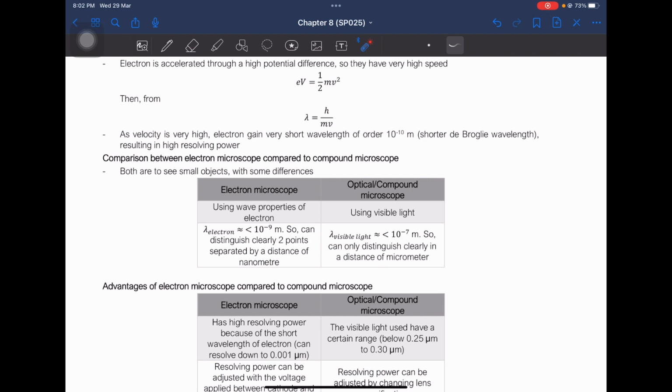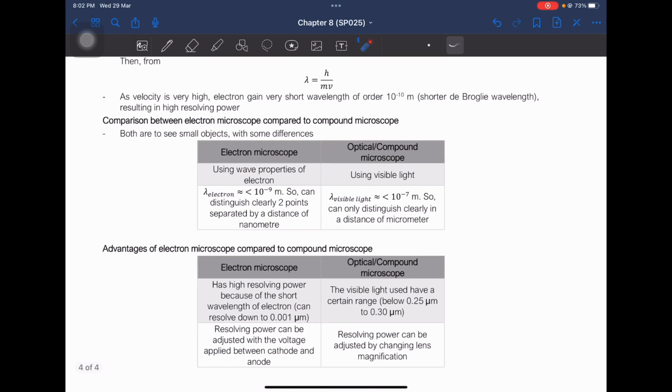Okay, so this is the comparison between the electron microscope and the compound microscope. Both are able to see small objects, with some differences. The electron microscope uses wave properties of electron, whereas the compound microscope uses visible light. The wavelength of electron should be approximately or less than 10 to the power of negative 9 meter, so they can distinguish clearly two points separated by a distance of nanometers.